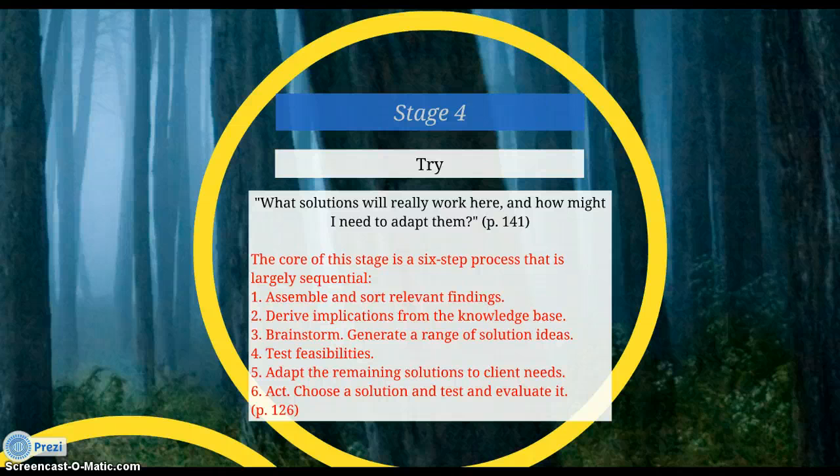Generate a range of solution ideas based on possible solutions identified from previous stages, such as unique needs, strengths, or limitations. 4. Test feasibilities. 5. Adapt remaining solutions. This offers the change team the ability to adapt or reinvent the change. And 6. Act. Choose one or more solutions, pilot it, and reevaluate the results to eventually arrive at a decision.